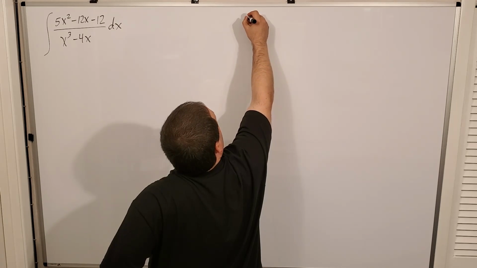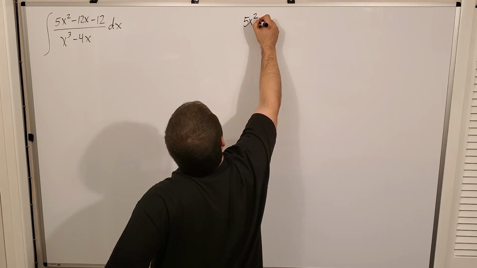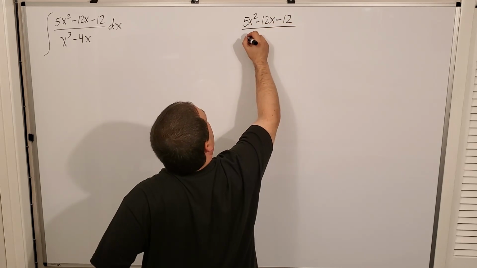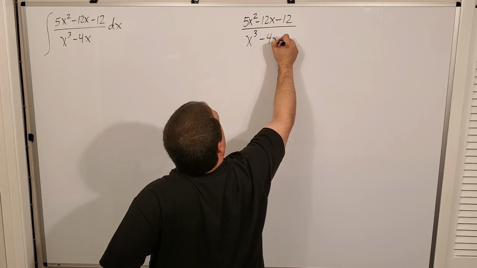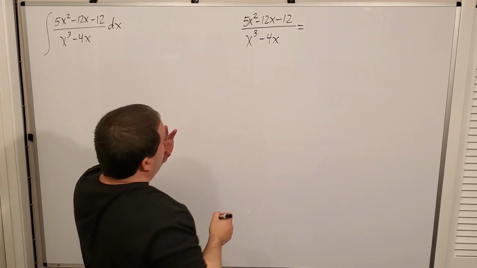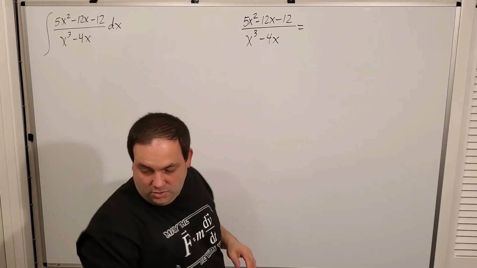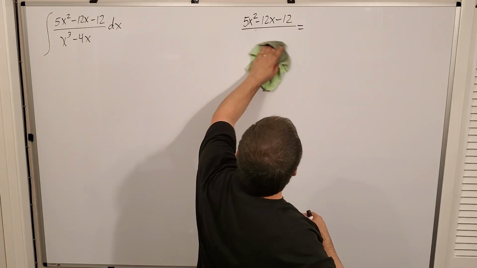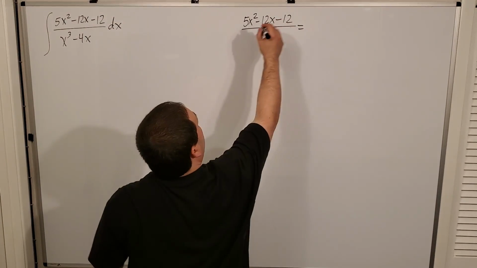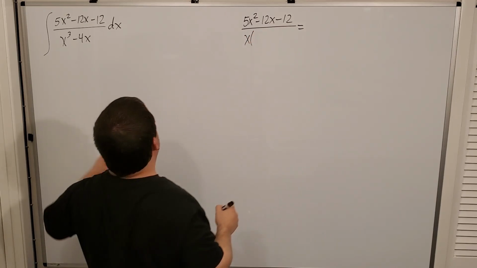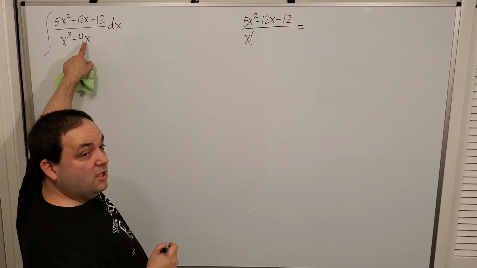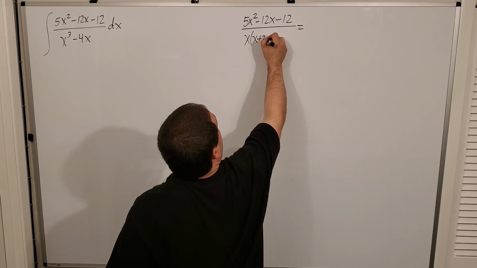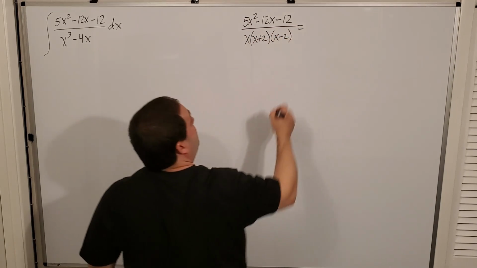I've got 5x squared minus 12x minus 12 over x cubed minus 4x, and I want to start breaking that down. So instead of the x cubed minus 4x, I'm going to factor that out by pulling out an x first of all, and that'll leave me x squared minus 4, which is a difference of squares, x plus 2, x minus 2.